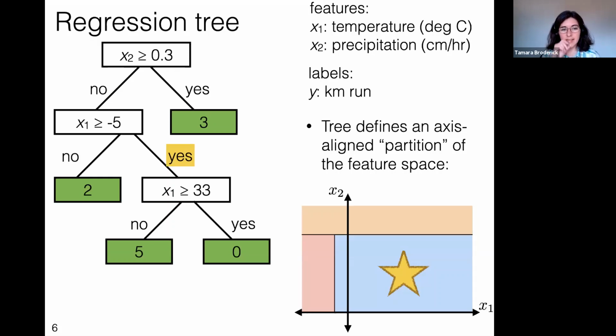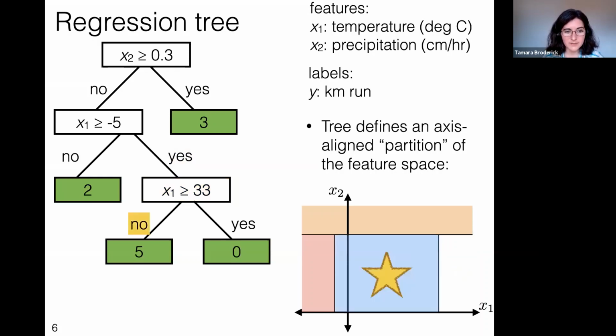Okay, so now, again, we say, where are we in the space right now? Moving down this regression tree. And then, I'm gonna finish this up and then I'll do the question. So then we have our x1 greater than or equal to 33 split. So again, we're gonna split up our space. So we have x1 equals 33.